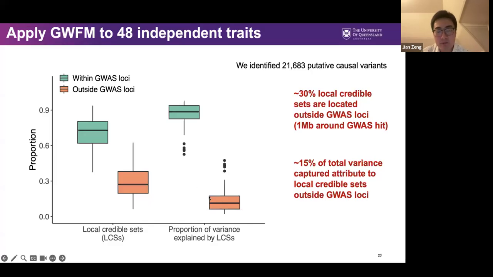So we estimated what proportion of heritability these variants explain. Indeed, these variants tend to explain a smaller proportion of heritability, but still, those 30% putative causal variants outside of the GWAS loci together can explain 15% of the heritability captured by fine mapping. So it indicates they tend to have small effects, but they are not trivial.